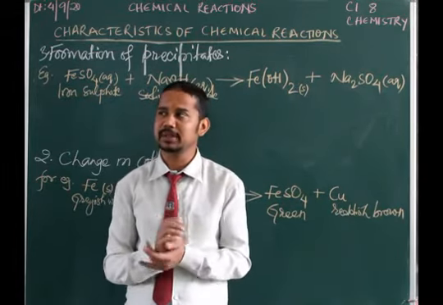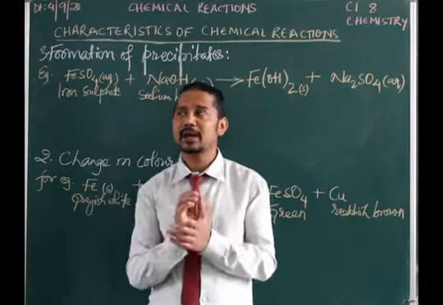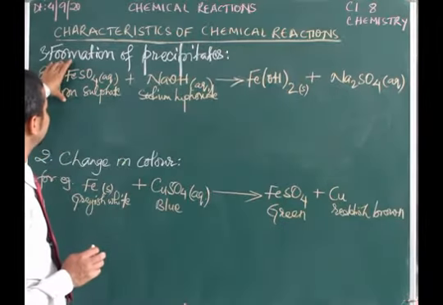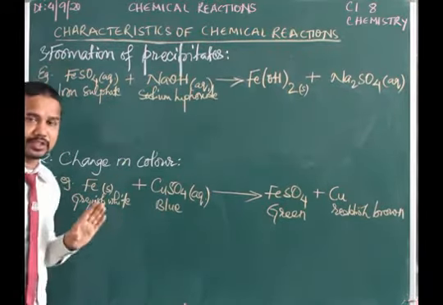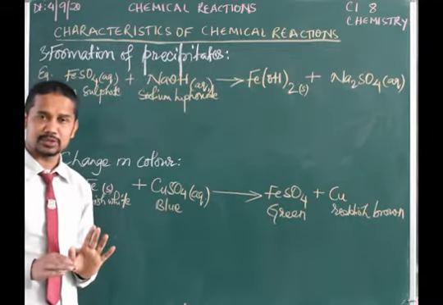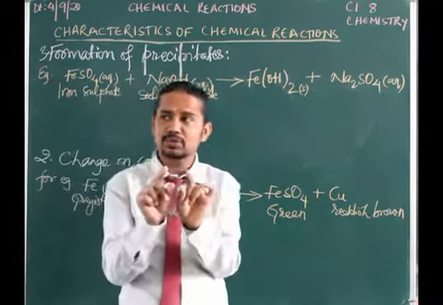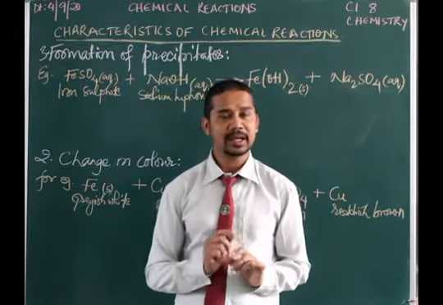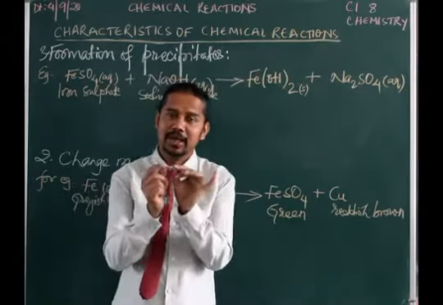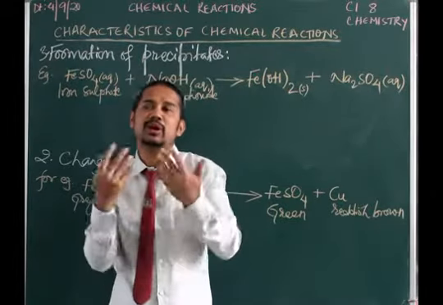What we can observe is, first of all, iron sulfate was a clear solution, and sodium hydroxide was also a clear solution. But when I mix these two solutions, what am I getting? I'm getting a solid substance which was not there initially.